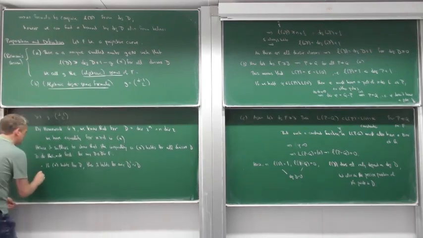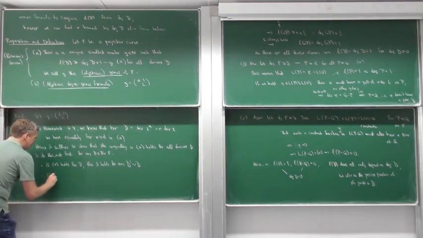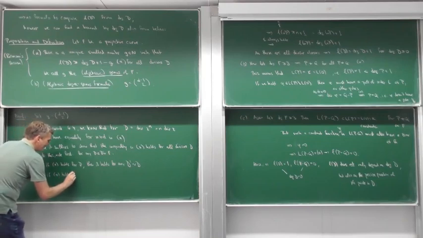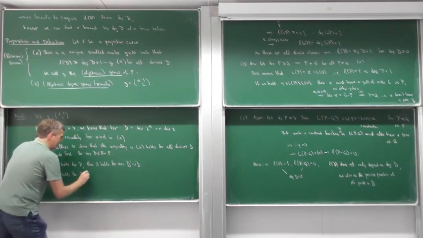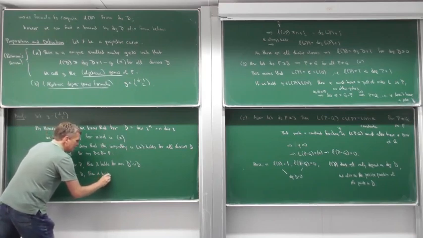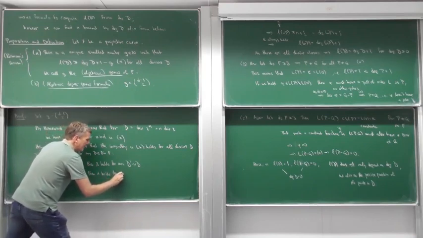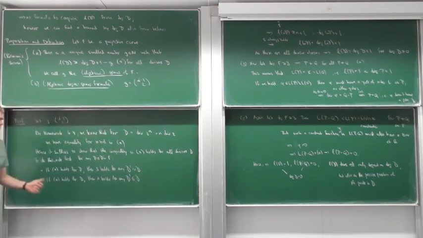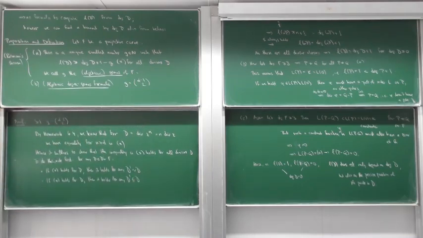The second statement is, again, if (*) holds for a divisor D, then I claim it holds for any D prime which is less than or equal to D. So I can subtract points and that won't go bad.